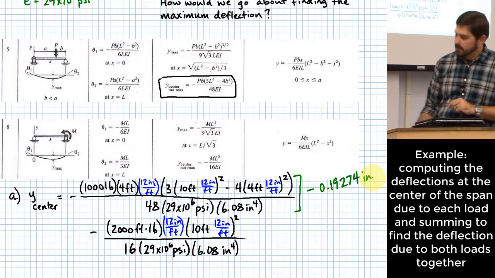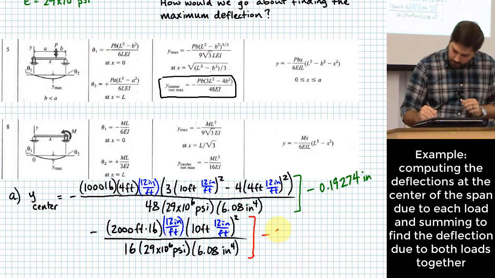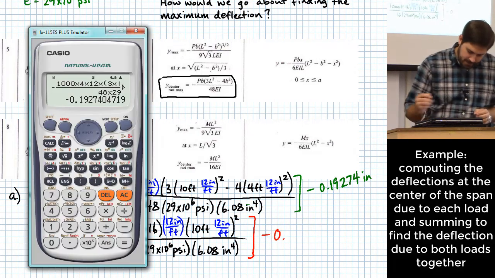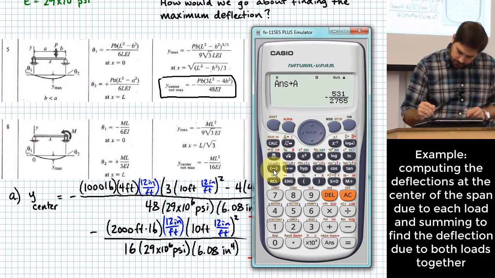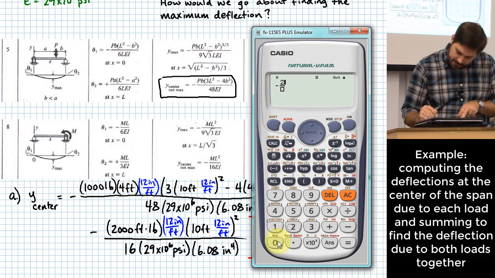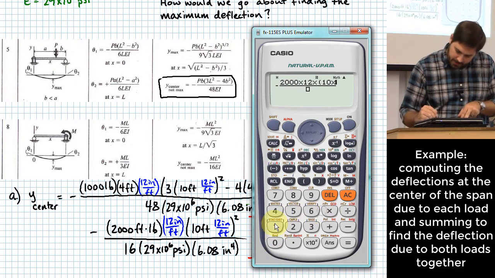Okay. And then this other portion down here, we should have negative something. Let's figure it out. All right, negative 2,000 times 12 times 10 times 12, all that squared.